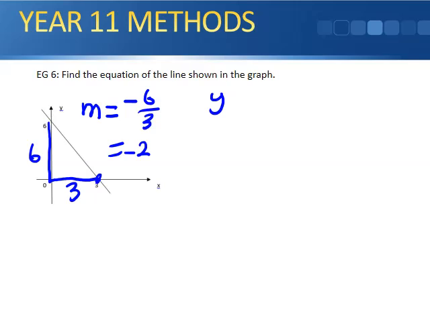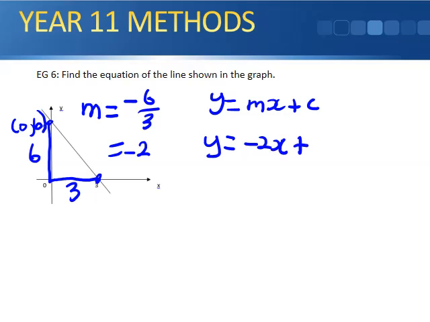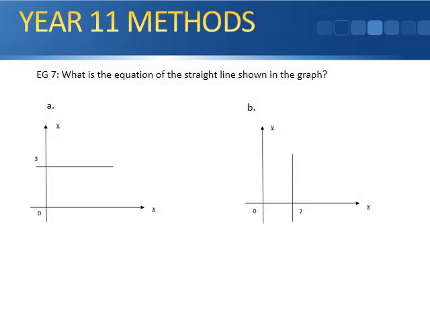I have 2 points here, (3, 0) and (0, 6). I'm going to use (3, 0), and I'm just going to use y equals mx plus c. Actually, I won't use the (3, 0). I'm going to use the (0, 6), because the (0, 6) means it's the y-intercept. So I've got y equals negative 2x, and the y-intercept is positive 6. So that's easy to do like that.